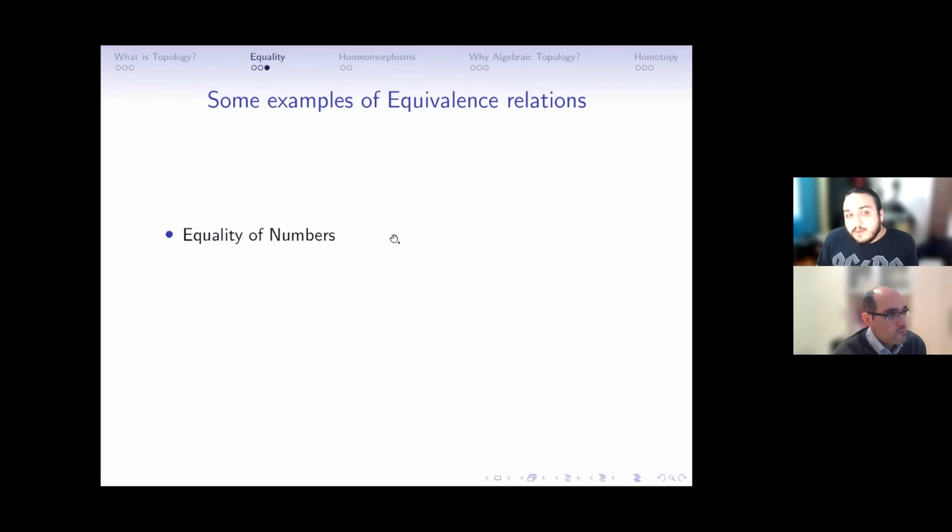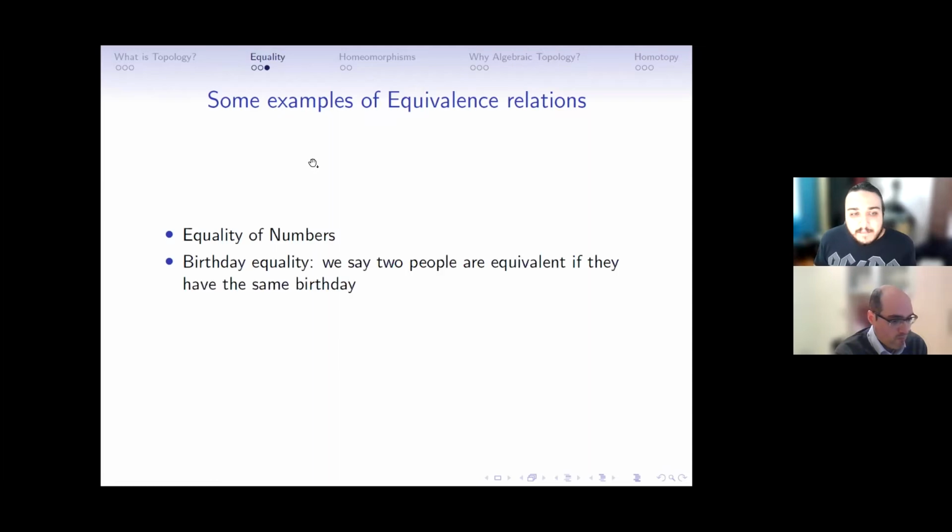We've got numbers, of course. We're modeling the equality of numbers, so it would be stupid if it didn't work. Then birthday equality. If I have the same birthday as you, you also have the same birthday as me. My birthday is the same as my birthday.